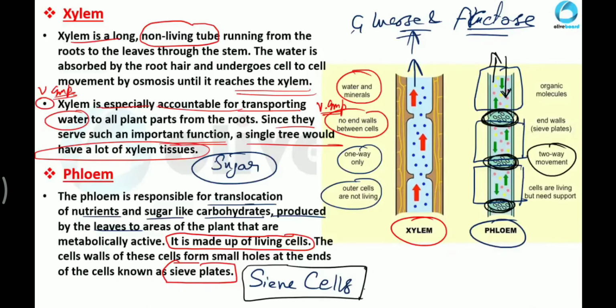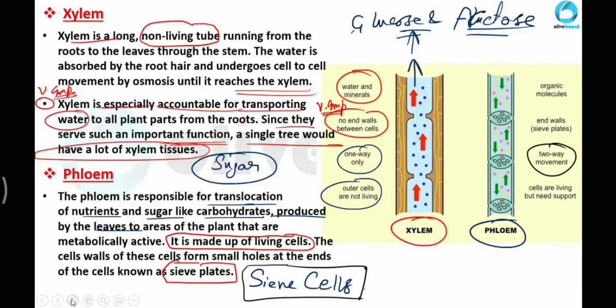This kind of transportation happens with the help of sieve plates between each phloem cell, and similarly with the help of these sieve cells they can transmit signals between the phloem cells.